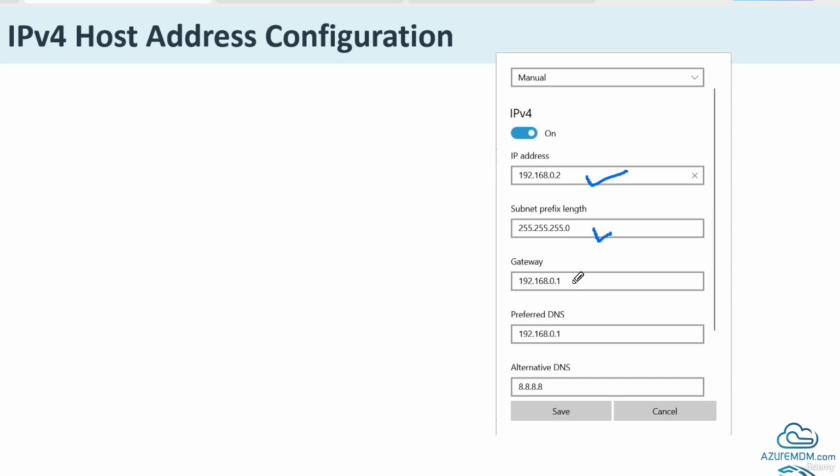Gateway, that is 192.168.0.1. It is the router address that connects the local network to the internet. Preferred DNS, primarily 192.168.0.1, as the router may handle DNS. For backup, the alternate DNS is 8.8.8.8, which is Google's public DNS for internet access if the router fails.